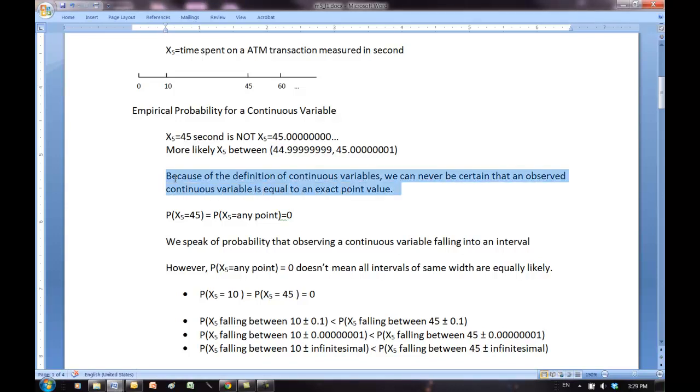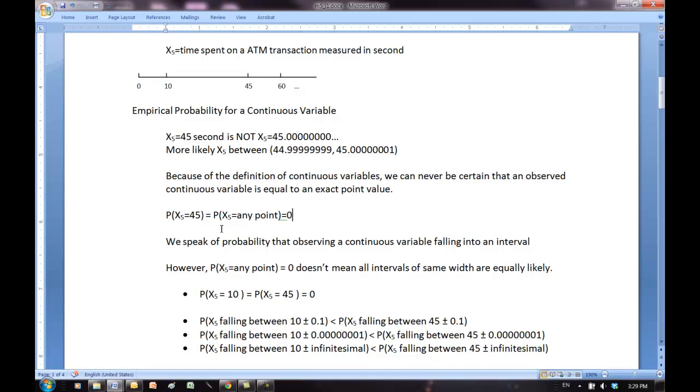Because of the definition of a continuous variable, we notice that we can never be certain that an observed continuous variable is equal to an exact point value, and that is, the probability of x5 equal to 45 equals 0.